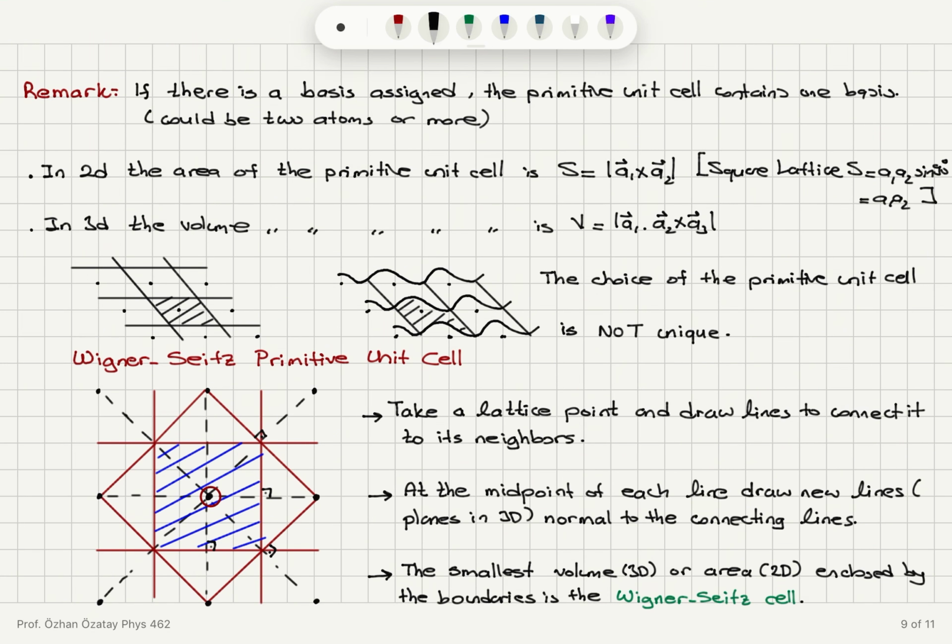So that would be this square in the middle. I basically show this area with these blue lines, and you can see that the Wigner-Seitz primitive unit cell of the square lattice is a square.